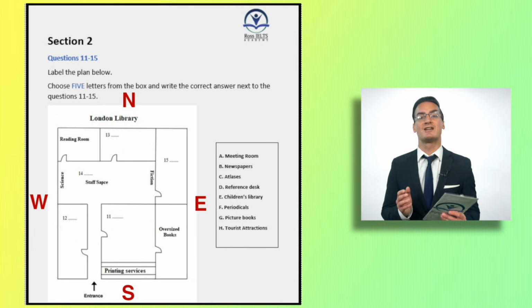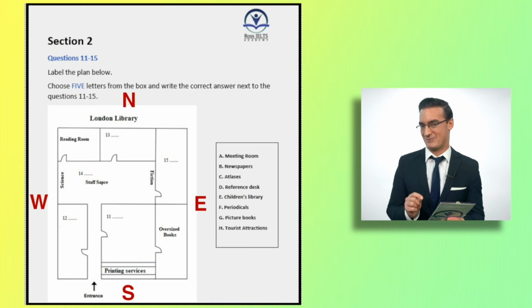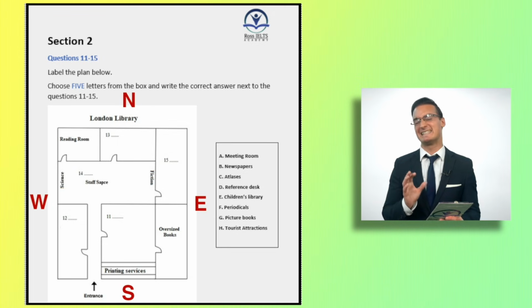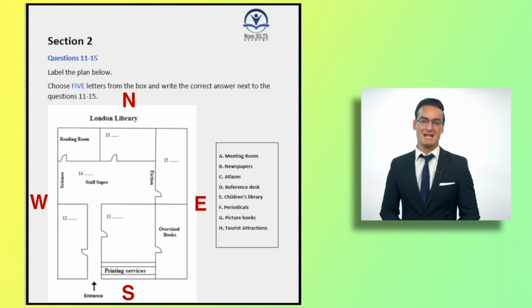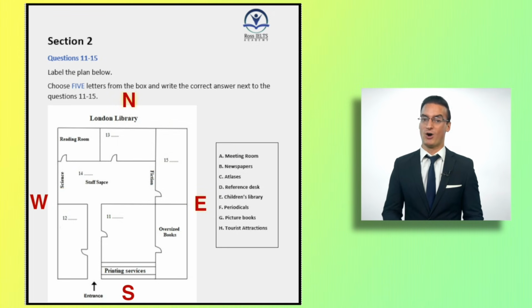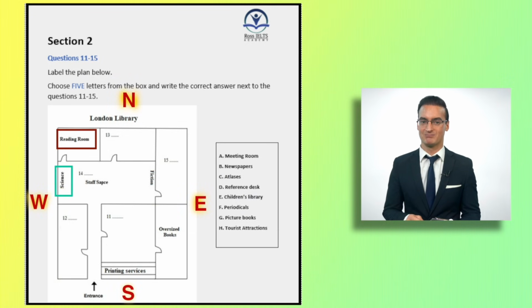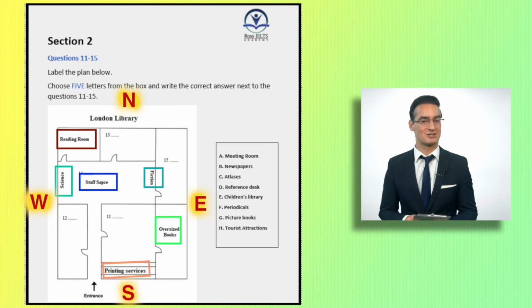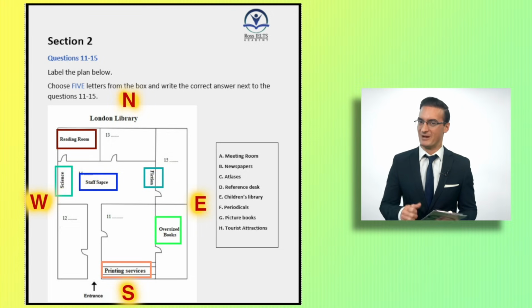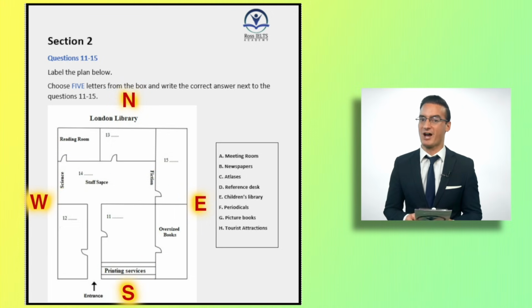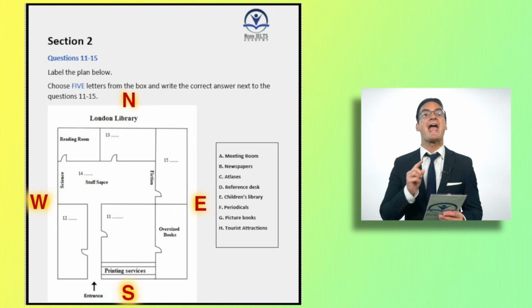Then you have to identify the features on the map. This helps you to navigate easily. For example, in this case, you see that on the map we have reading room, science, staff space, fiction, oversized books, and printing services. But remember, there is one more important sign on the map, which is entrance.